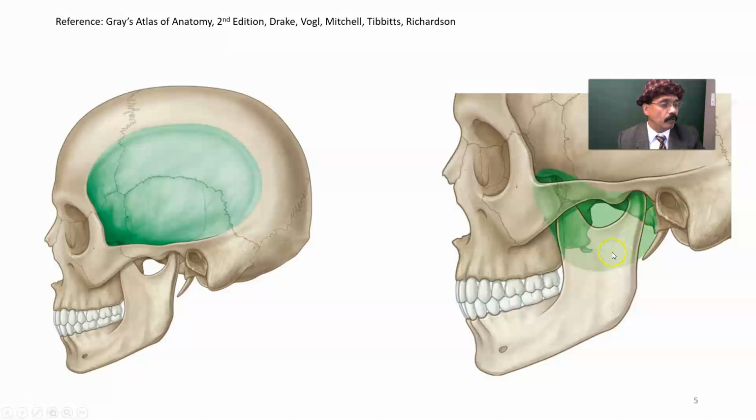Posteriorly it is open, floor is open. So we have a lot of structures in the infratemporal fossa. This is the temporal fossa. We'll get the muscle origin, the temporalis muscle.